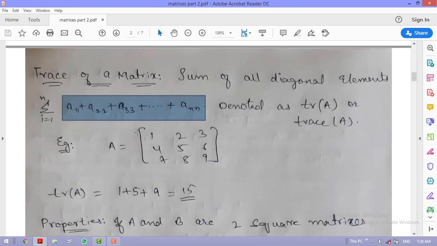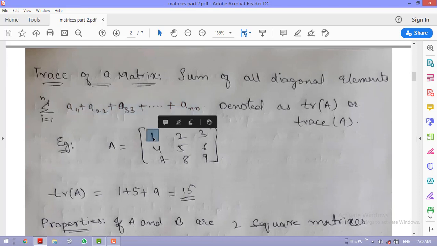Like over here, the position of this one is first row and first column, right? So here the position of row is equal to the position of column, so you can consider this as a diagonal element. In my previous video, I have explained the diagonal elements in a very understandable way.